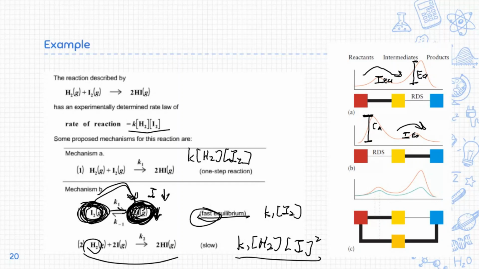So the rate of production of this is basically the concentration of iodine overall. Why can we make this?